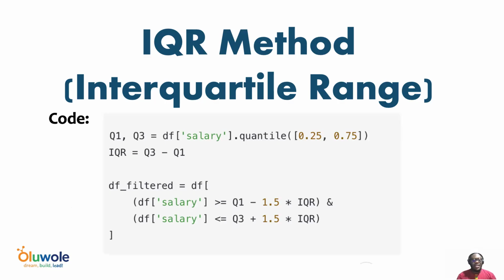So I call my df salary and I do my quartile minus. In Python, all I need to do is print df_filtered, and it tells me the quartile to the left and to the right. Is there an outlier to the left? How much to the left or how much to the right is there? So you can see that we'll be able to detect both left and right outliers.